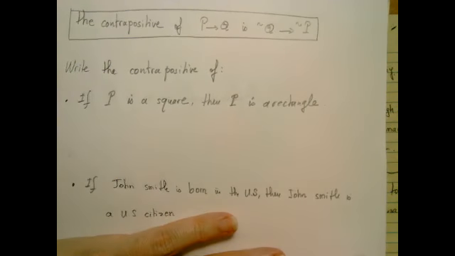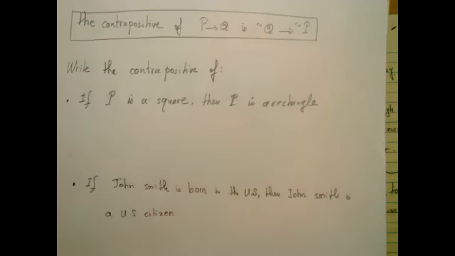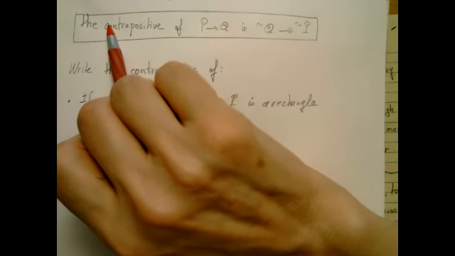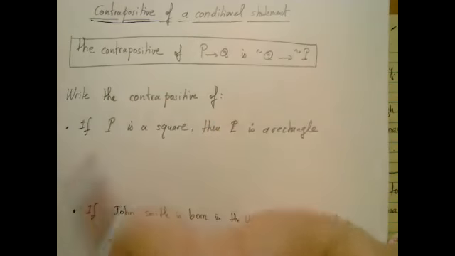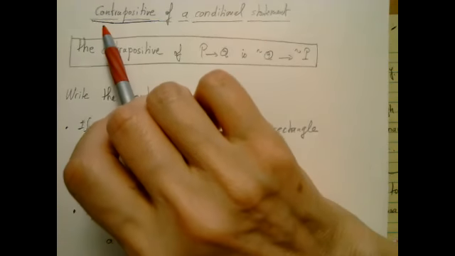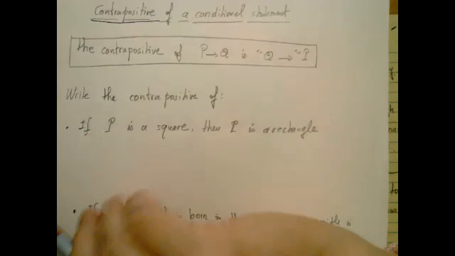So we have a statement if P then Q, and we want the contrapositive of if P then Q. First the definition, and then we work with them. What's the contrapositive of a conditional statement?